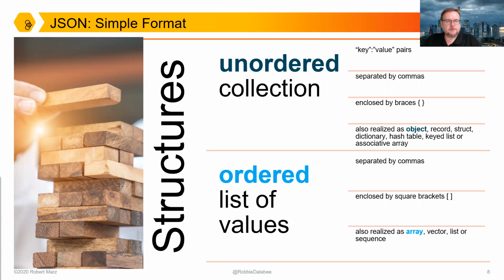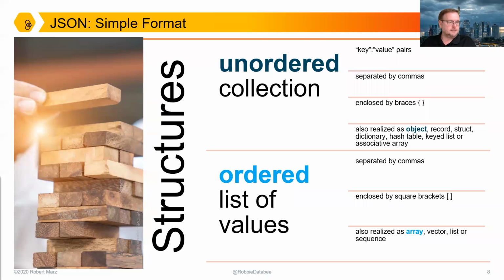Basically, JSON documents consist of two structures. First, the unordered collection, which are key value pairs separated by commas, and you enclose them in curly braces. If you are familiar with other programming languages, those are realized as objects, records, structs, dictionaries, hash tables. Those map to unordered collections in JSON documents. And we have the ordered list of values.